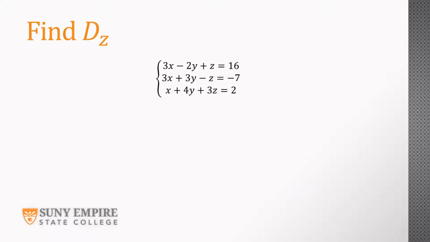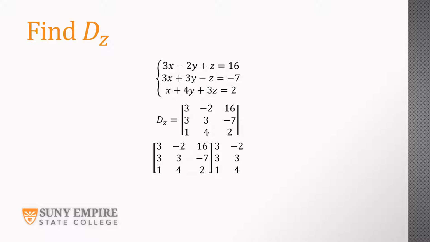We also need to find the determinant for the Z matrix. Making the needed replacements, we have the matrix 3, -2, and 16, then 3, 3, and -7, then 1, 4, and 2. Adding on the copies to the end gives us 3, -2, 16, 3, and -2, then 3, 3, -7, 3, and 3, then 1, 4, 2, 1, and 4.